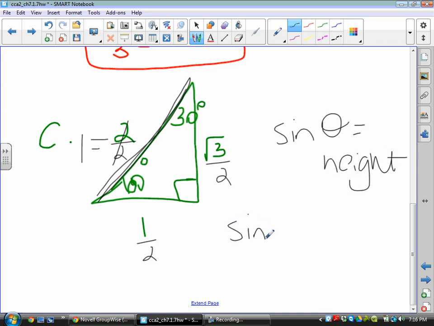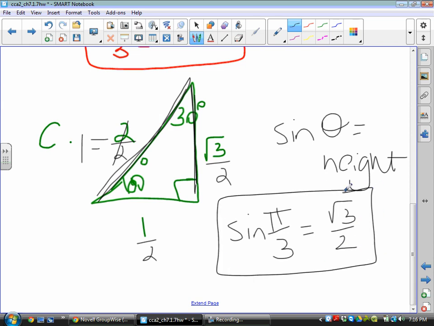For sine of pi over 3, or sine of 60, the height is right here, radical 3 over 2. Oh, sorry, this is 7 pi over 3. I forgot, because it's still the same thing. It's really sine of 7 pi over 3, but it's the same as sine of regular pi over 3.